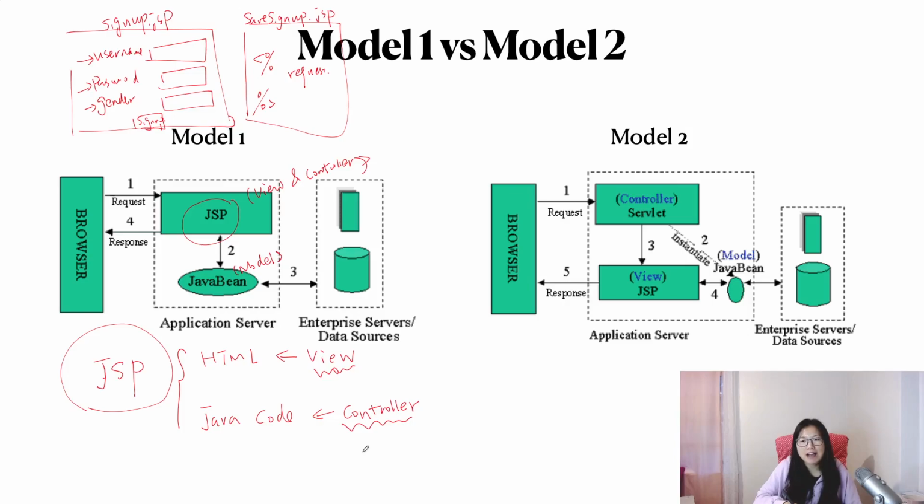If we have a method or one JSP file which does two things, then you have to separate. Like in my previous company, in our code review, if we had a method which did two jobs, we had to separate it into two methods. Same thing here: the JSP is doing two things, one is a view and one is a controller. So there's no separation of concerns. Your code is mixed together.